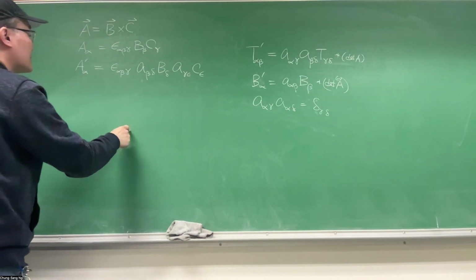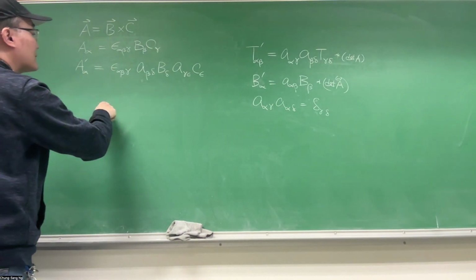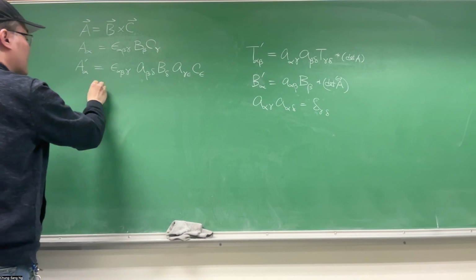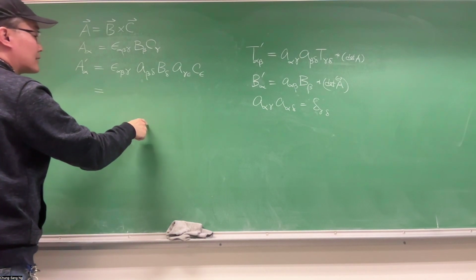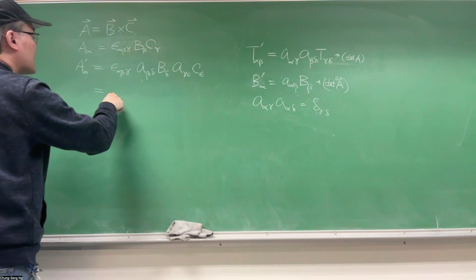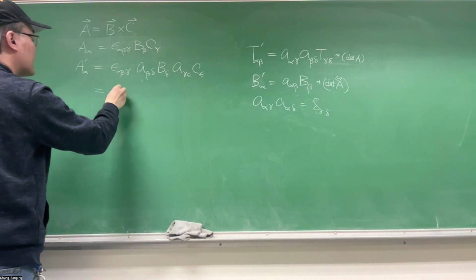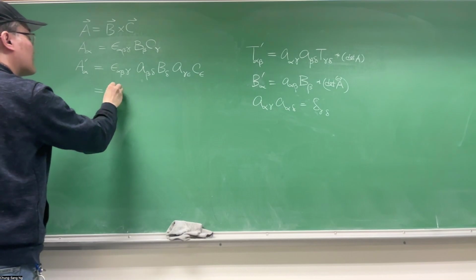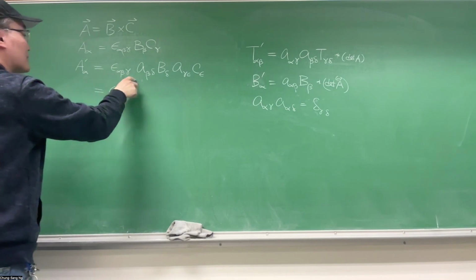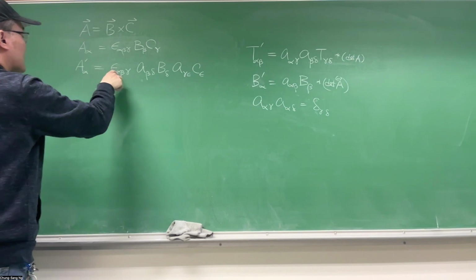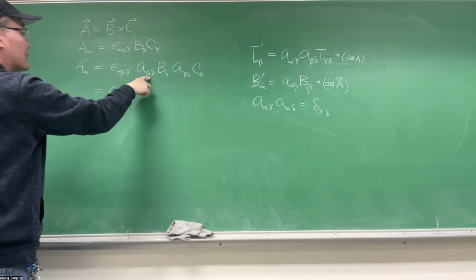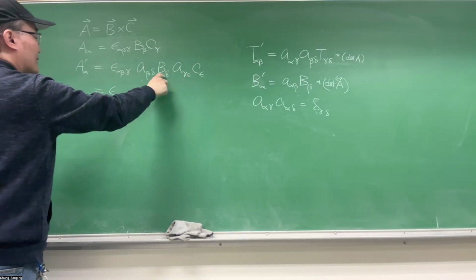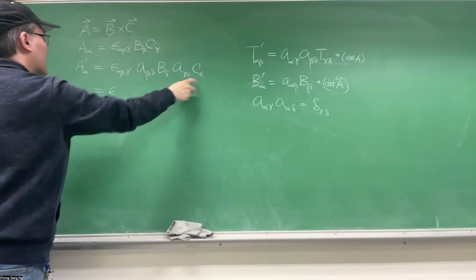Basically, there's more than one way to do it, but I'll change the first index of this one. So this alpha is following this alpha. It's sum over beta, sum over gamma, sum over delta, sum over epsilon.